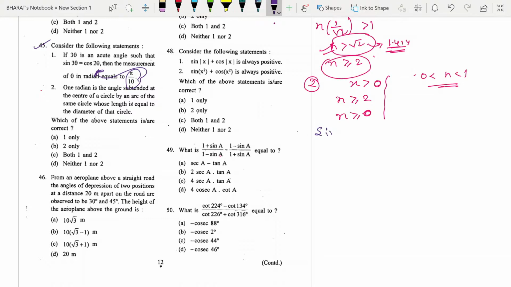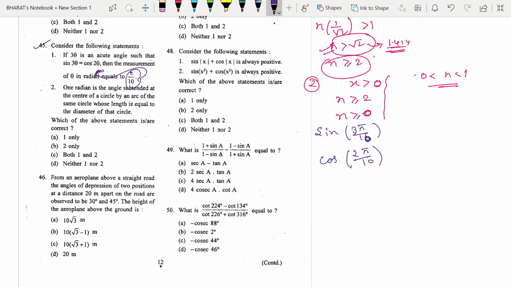Okay, sine of 3 pi upon 10, what will be the value of sine of 3 pi upon 10? And on the other side we are having cos of 2 pi upon 10. So, can we say that these both are the same or not?